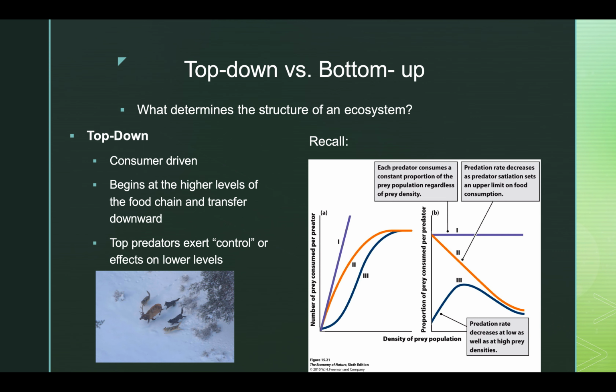We can see it increase and then level off once we reach a certain threshold of the number of prey that can be consumed based on the handling time, which is type 2. And then type 3, we see low consumption at low prey density, then at intermediate prey density that really increases, and then at top prey densities you see that decrease again.